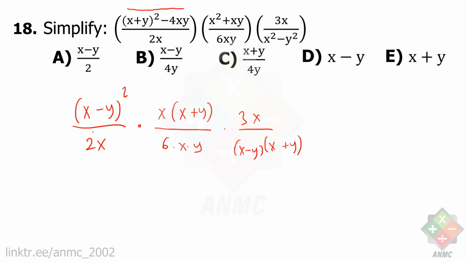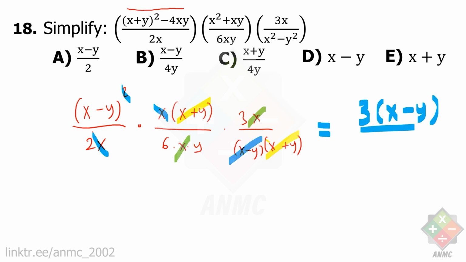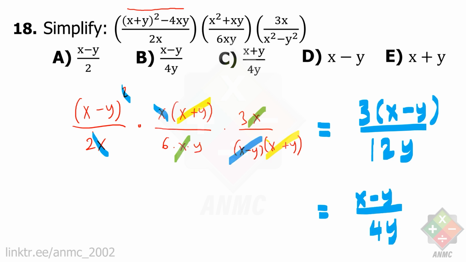Simplification time. x plus y has gone. x and x have gone. x and x have gone. One of x minus y has gone. Totally, what do we have? 3 times x minus y over 2 times 6, 12y. If we do simplification, it is x minus y over 4y. The answer is B.